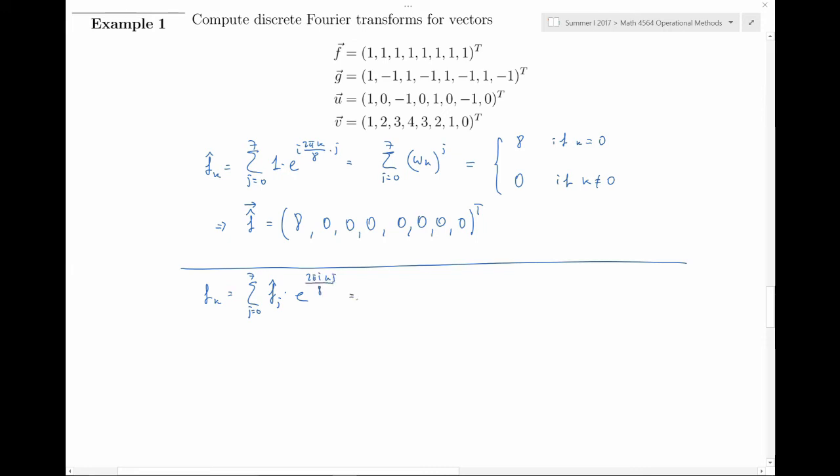But since only one component is non-zero and there's also 1 over 8 in front of the summation, every f_k is 1 over 8 times 8 times e to the 0, so it's just 1 for every f_k. The signal is restored perfectly.